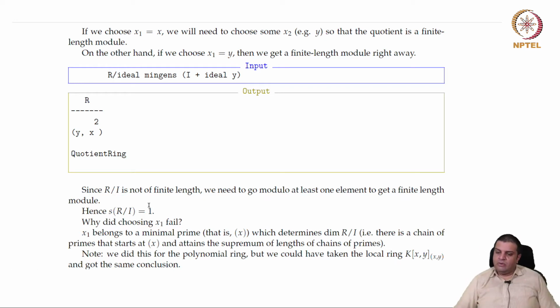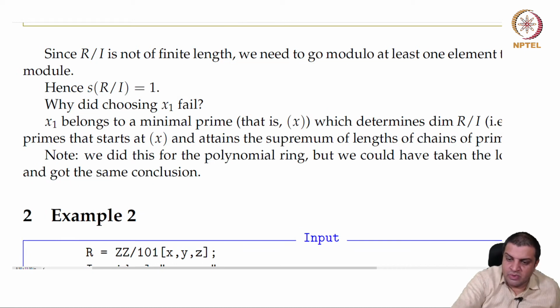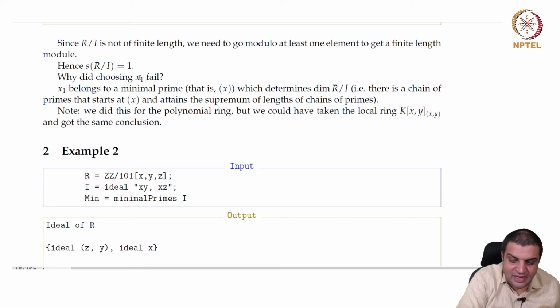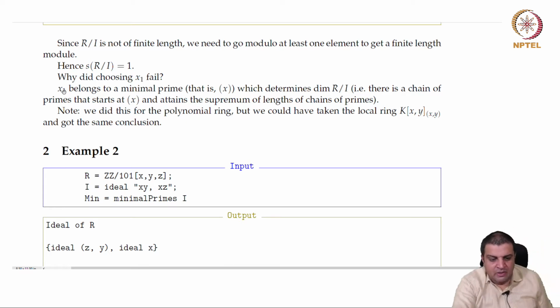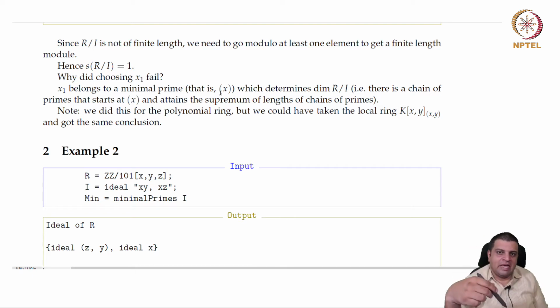Now let's ask, why did choosing x1 equals x fail? The reason is that this choice of x1 belongs to a minimal prime, that is x, which determines the dimension of R mod I. In other words, from this minimal prime to a maximal ideal, there is a chain of maximum length.